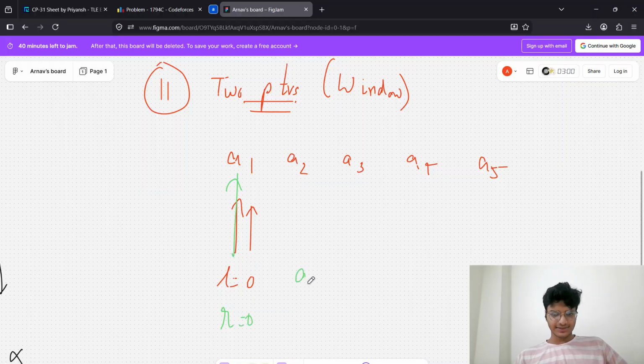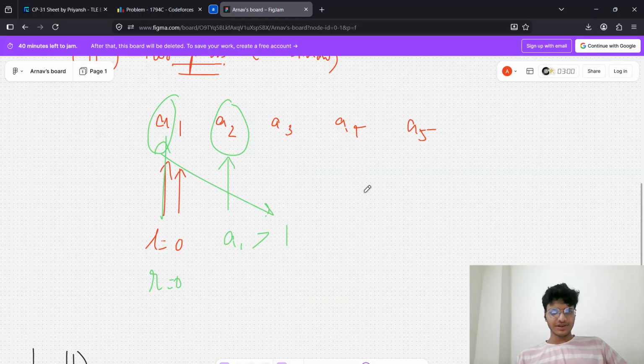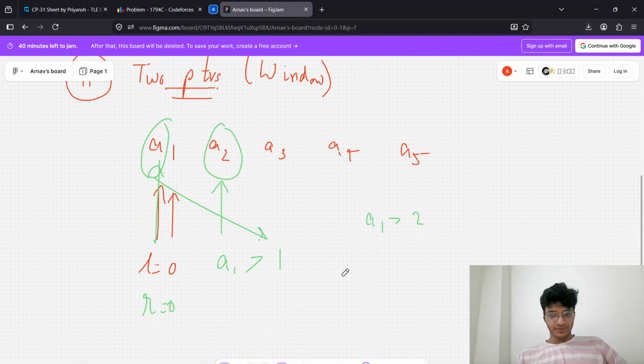Then we will check is A1 greater than 1 or not. It says yes, it is greater than 1, so this is our value. Then we will move R, that is R plus plus, up to A2. Then we will check is A1 greater than 2 or not. If it is greater than 2, then again we will move R plus plus, so we reach this pointer.